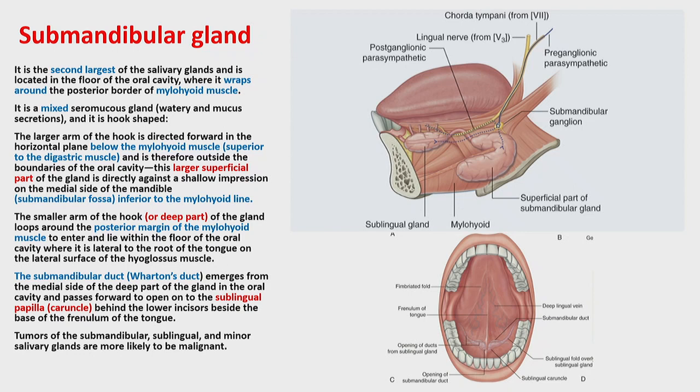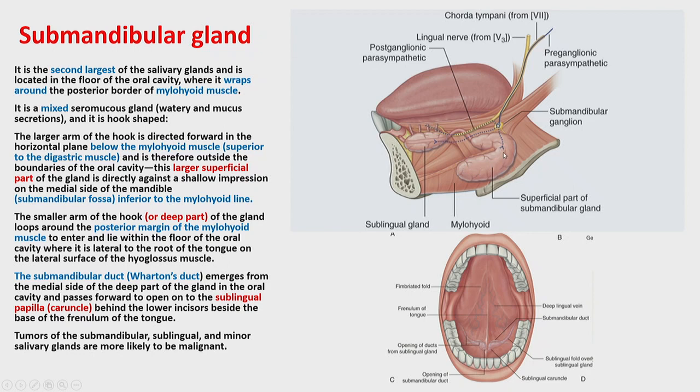If you remember in the mandible, we said that under and posterior to the mylohyoid line is the submandibular fovea, and above the mylohyoid line and anteriorly is the sublingual fovea. So you can recognize that this mylohyoid muscle, attaching to the mylohyoid line, divides the submandibular region from the sublingual region.